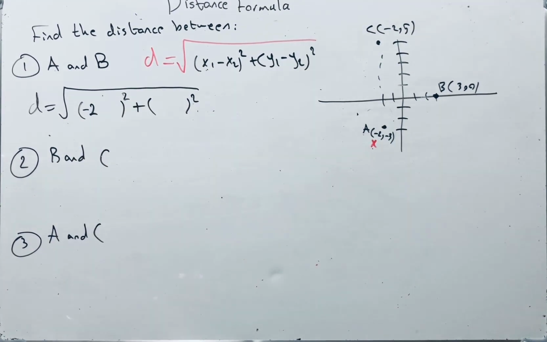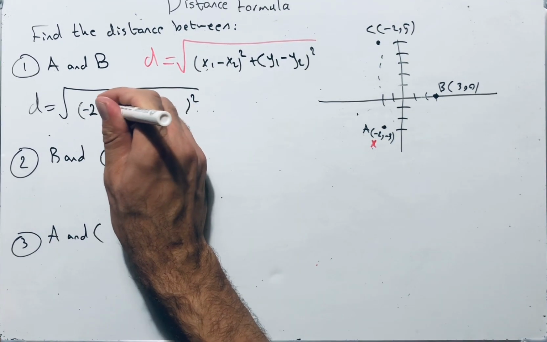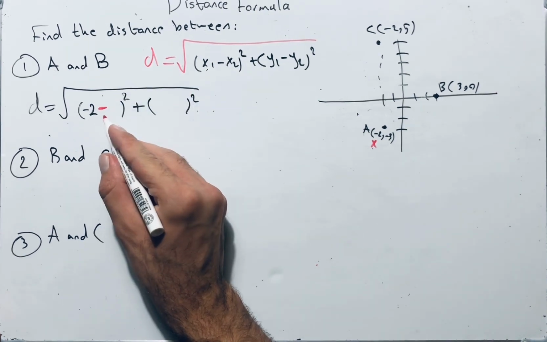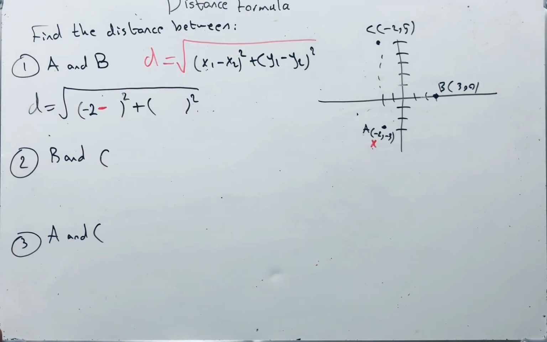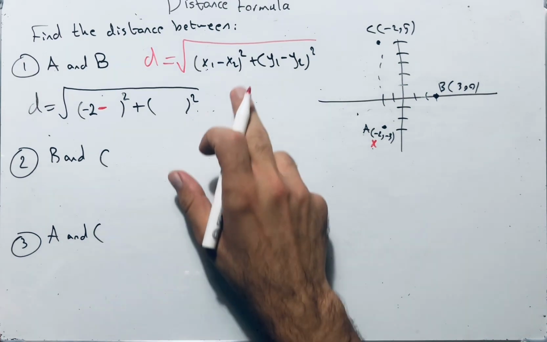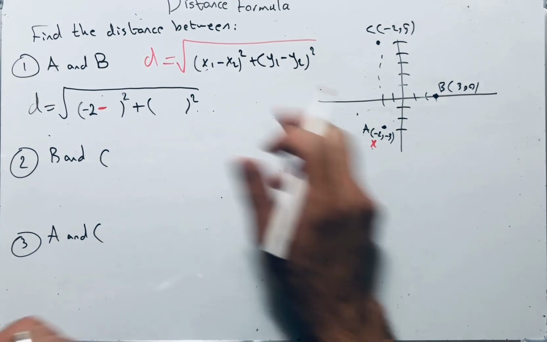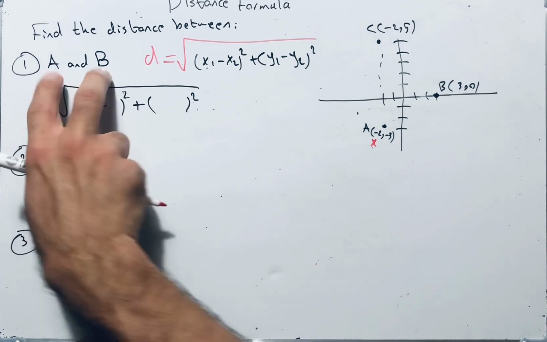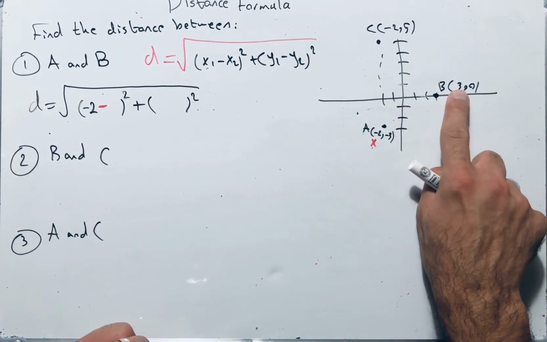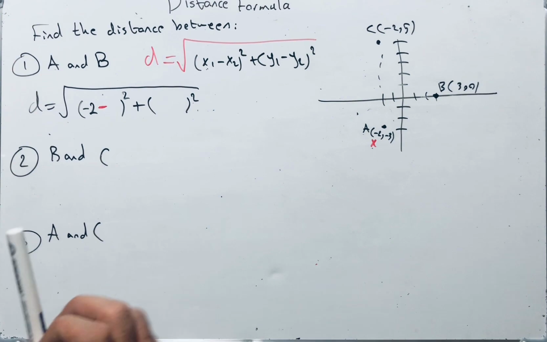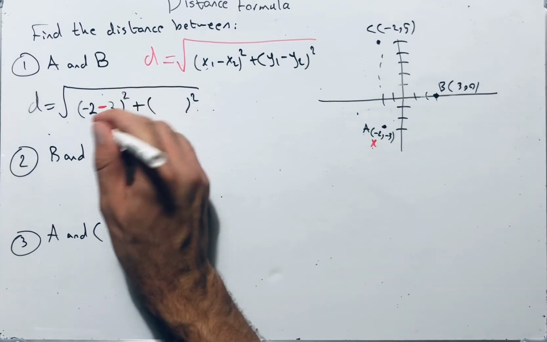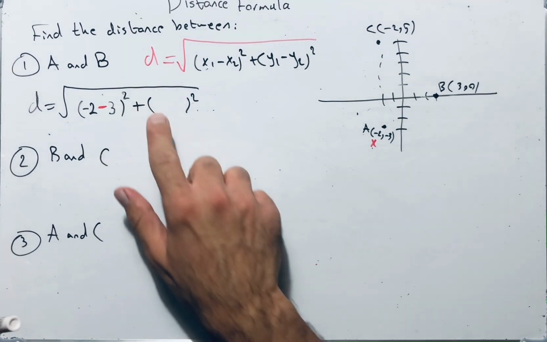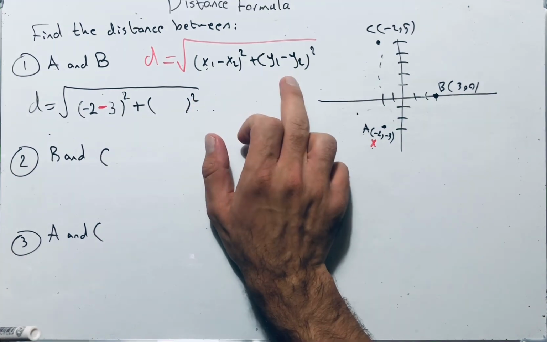And the rule, it has a negative itself, so I'm going to use red so that you don't get confused. What about x2? x2 is the x component of B, because we're finding the distance between A and B. So the x component of B is just 3. Afterwards, we have y1 minus y2.